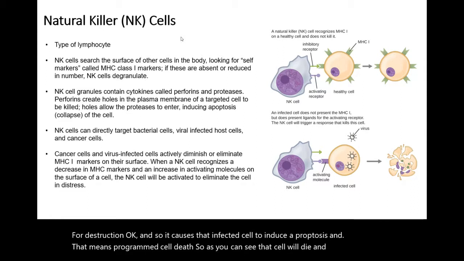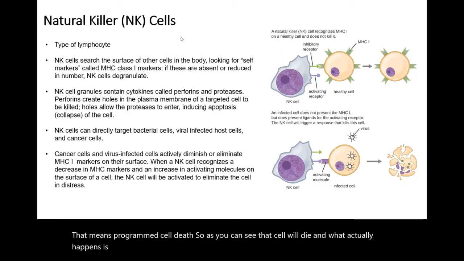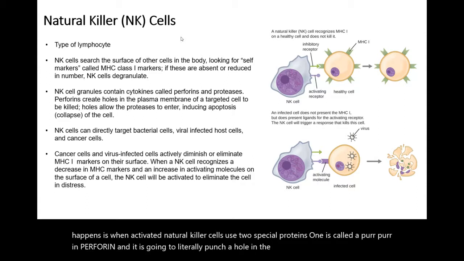And what actually happens is when activated, natural killer cells use two special proteins. One is called a perforin, P-E-R-F-O-R-I-N, and it is going to literally punch a hole in the infected cell, okay?